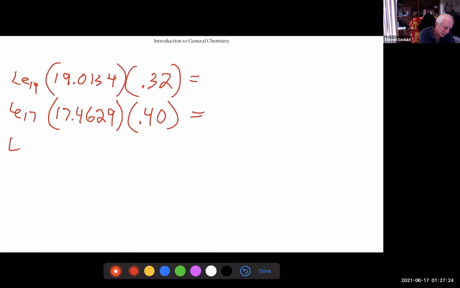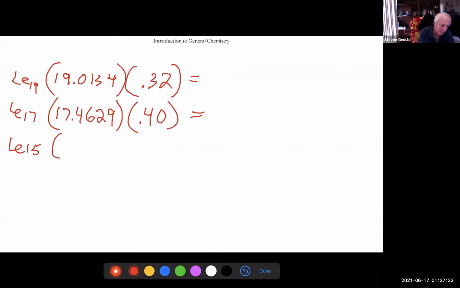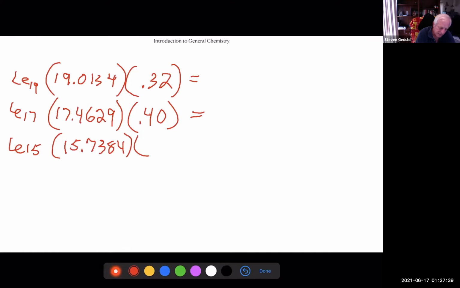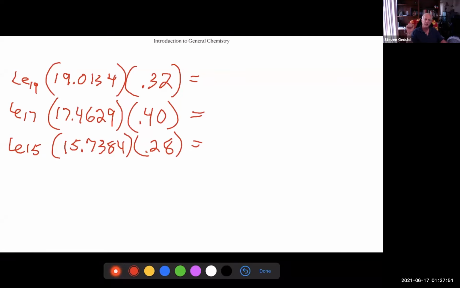And Le15 weighs in at 15.7384, and the fraction of that was 28%, so 0.28. So there's your mass of each isotope and the fractional portion of your sample that is that mass. So 0.32 of it is 19, right? So we multiply each of those together.